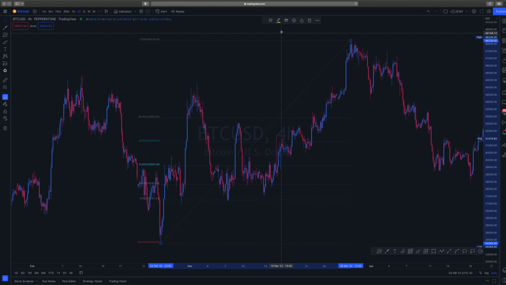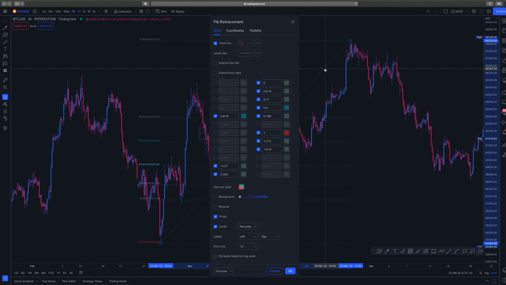And these numbers, for me, the way you look at it, it has started from 100 to 0, but you can do the inverse by just clicking on the settings. If you want the settings, you just click anywhere inside the Fibonacci retracement tool and it will bring up this setup. This is how I've set up my Fibonacci retracement.